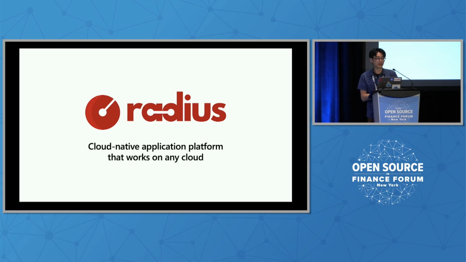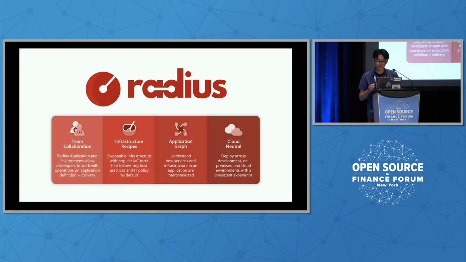So what is Radius? This slide is a very terse, one-line summary of Radius. It's a cloud-native application platform that works on any cloud. So what does that mean? We think about the four pillars of Radius in these ways. The first pillar is centered around team collaboration.